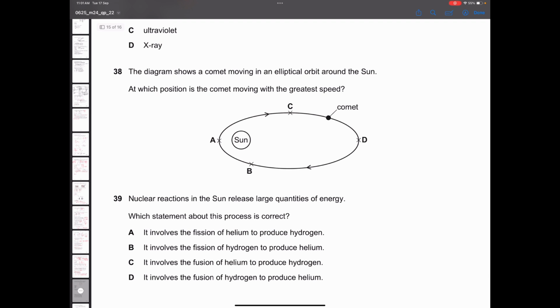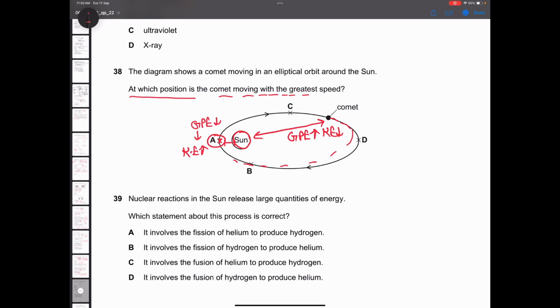Now, question number 38. At which position is the comet moving with the greatest speed? So see, as you move away from the sun, the gravitational potential energy with respect to the sun increases and the kinetic energy decreases. But as you are going towards the sun, the point closest to the sun is A. So at this point, gravitational potential energy will be the least because the distance is the least, but the kinetic energy will be the maximum.